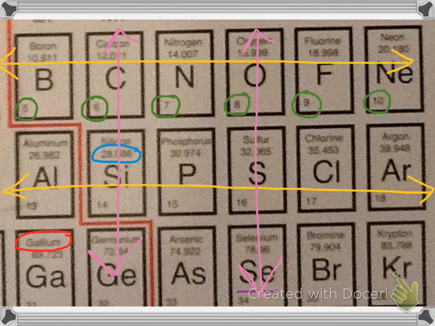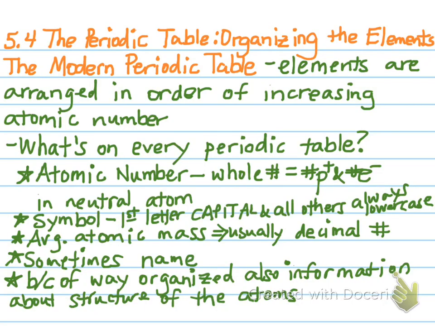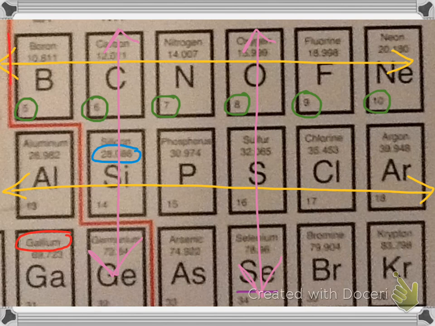So that stair-step line I'm talking about, you see right here. See this heavy stair-step line? That's the line we're talking about. As it goes down the periodic table, it continues and it looks like a set of stairs.